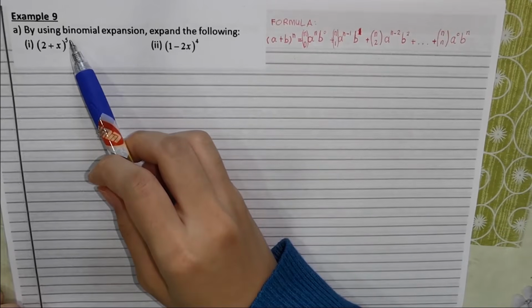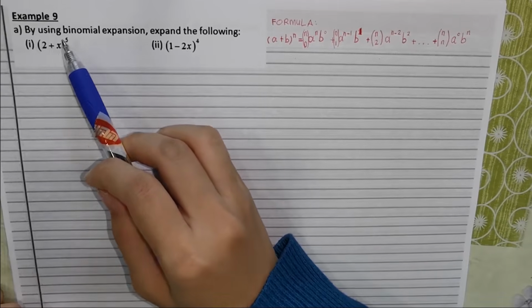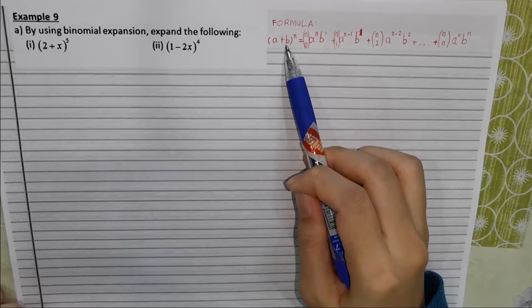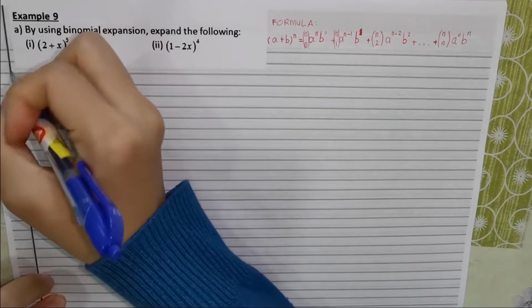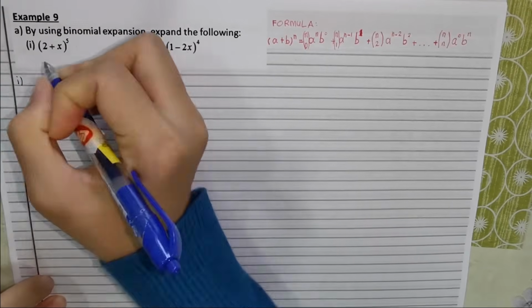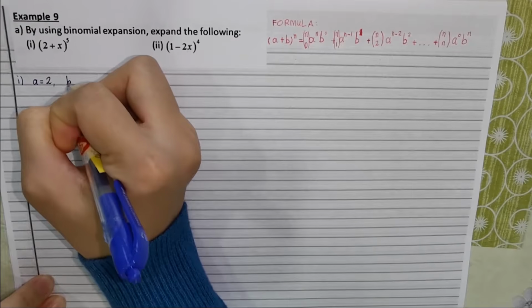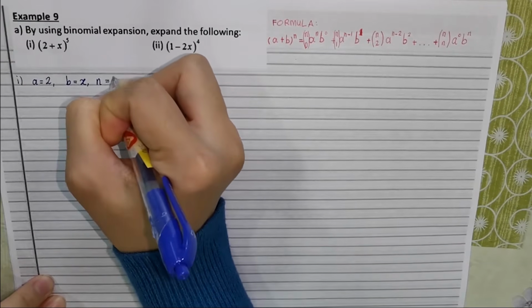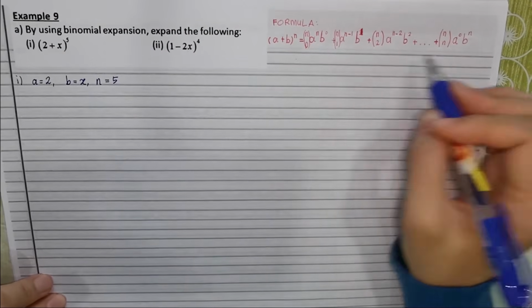The second thing, we have to look at the value of a and the value of b that we plug into the formula. So in the first example, we have a equals 2, b equals x, and n equals 5. Now what's the pattern of this long formula?